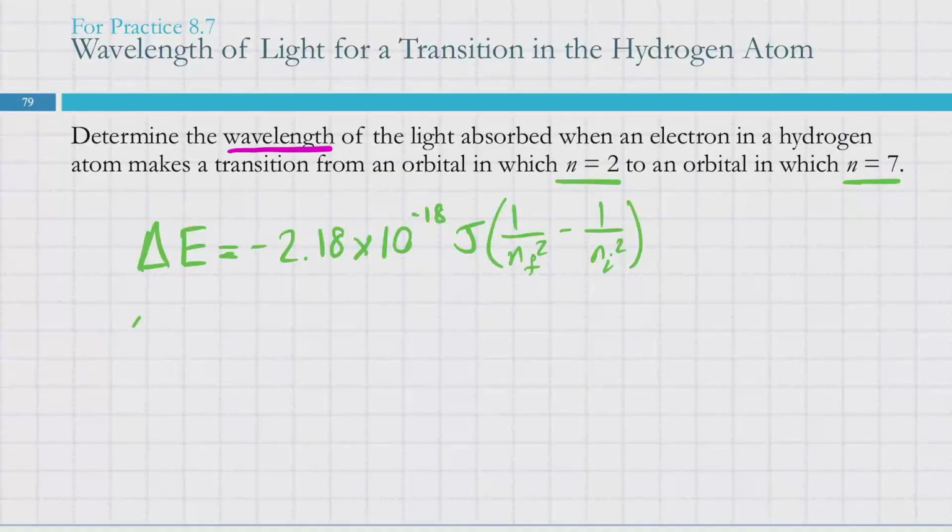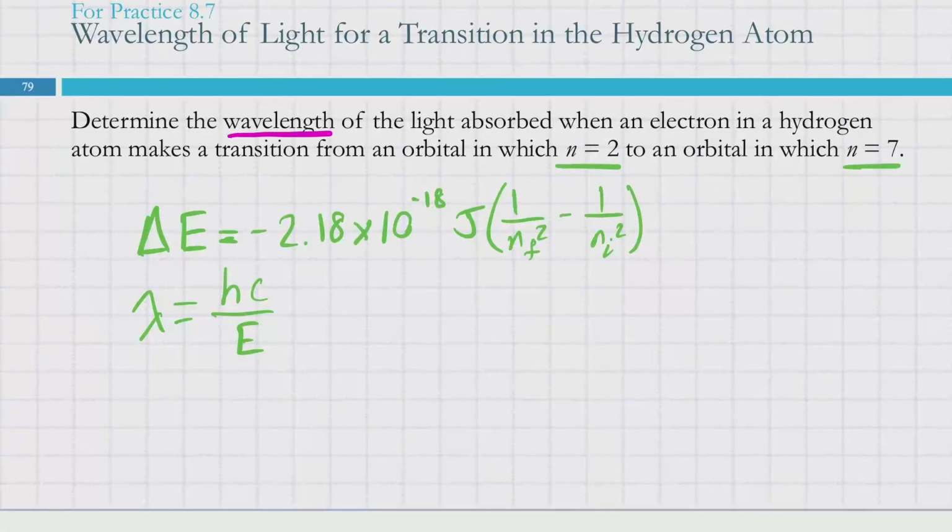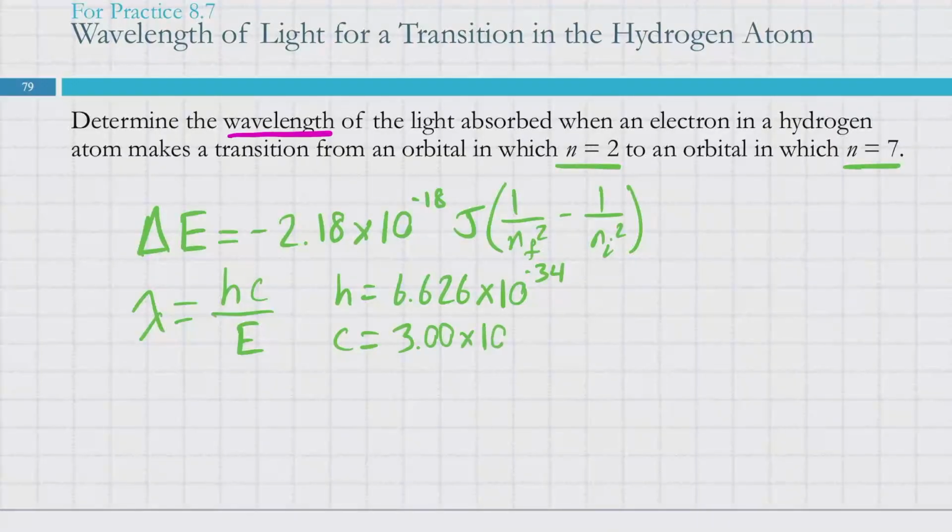And lambda equals hc over E. h is 6.626 times 10 to the minus 34. c is 3 times 10 to the 8 meters per second.